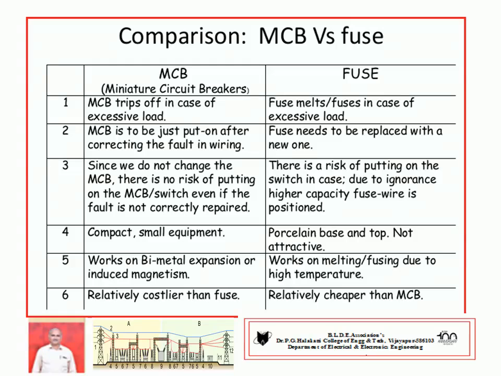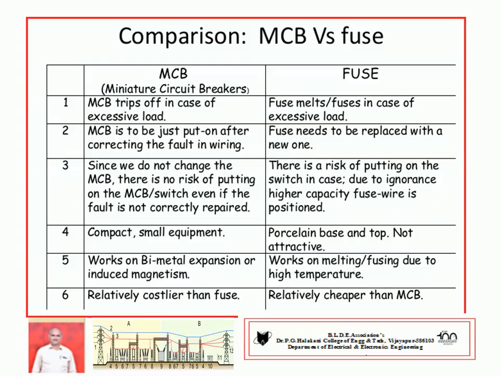So MCB is compact and small equipment. Fuse wire is placed on a porcelain base and it is not attractive. The MCB works based on bimetal expansion or induced magnetism. So the fuse depends upon melting.